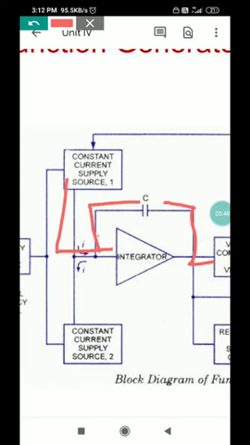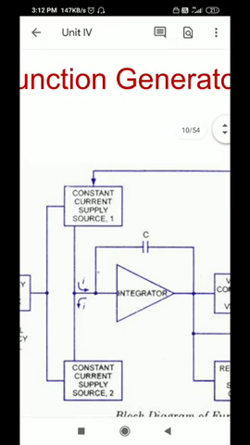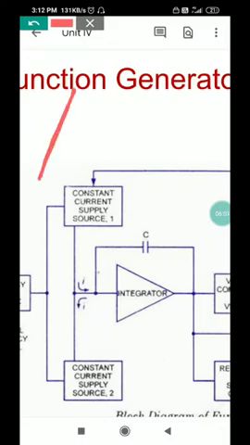Now what happens there, the capacitor goes on charging, it charges like this. One time it will cross a threshold. This is your level, this is your threshold. You will tell the system to stop charging anymore, right?